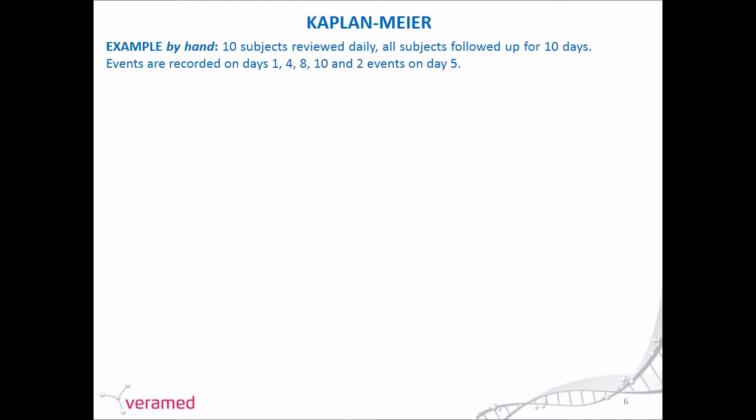So now I want to talk through an example, a pretty basic example of how you might use Kaplan Meier. So if we think of 10 subjects that come in and are reviewed once daily over a period of, say, 10 days, and if their events are recorded on day 1, 4, 8, 10, and say 2 events on day 5, then I'm going to show how you might record this.